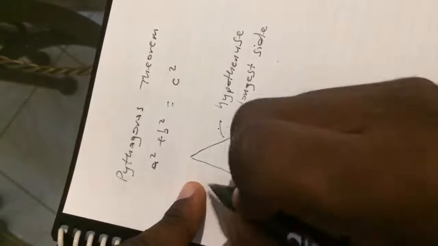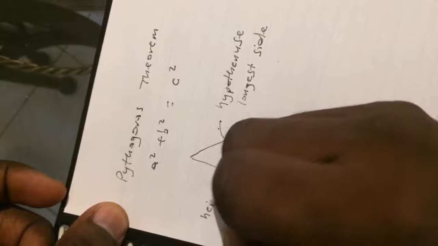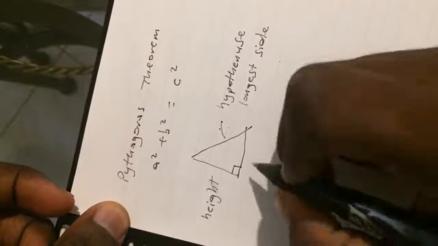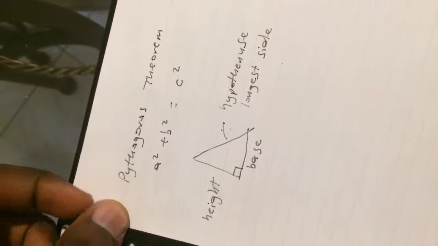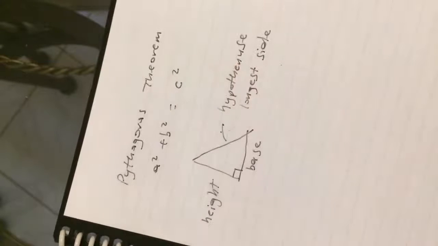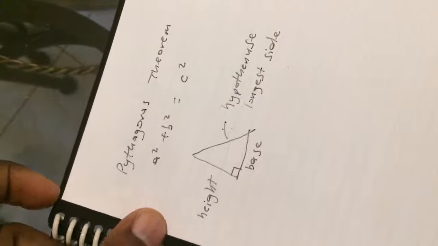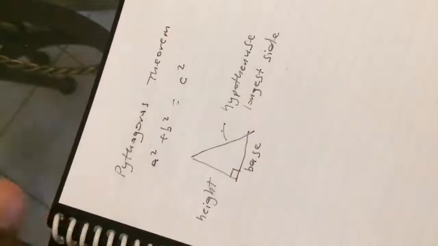Then over here, this is what we call the height. I normally label it like this. And then under here is the base. So that's how the right angle triangle looks. You have the height, the base, and the hypotenuse, which is the longest side. The formula is a squared plus b squared is equal to c squared.